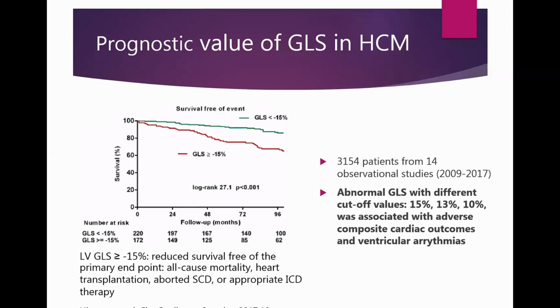Global longitudinal strain has a prognostic value. In 14 observational studies, different cutoff values were used, but abnormal longitudinal strain was associated with adverse composite cardiac outcomes and ventricular arrhythmias.